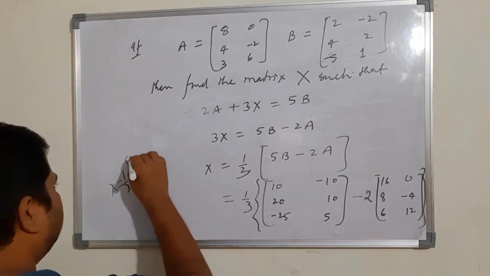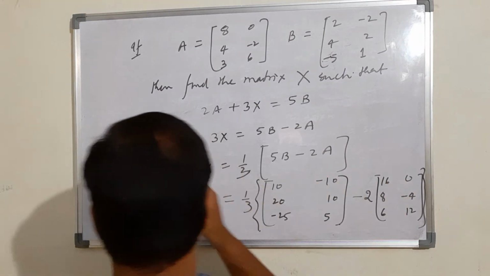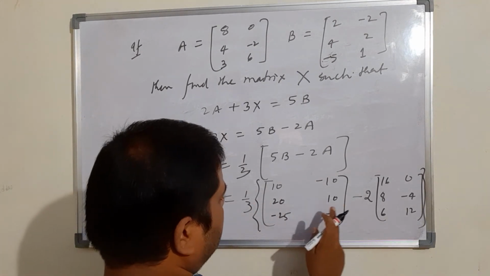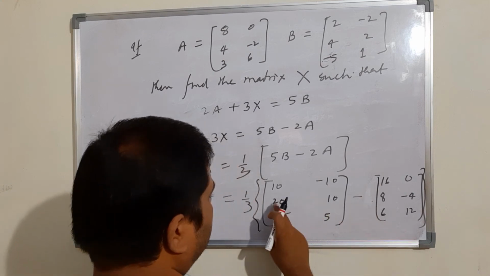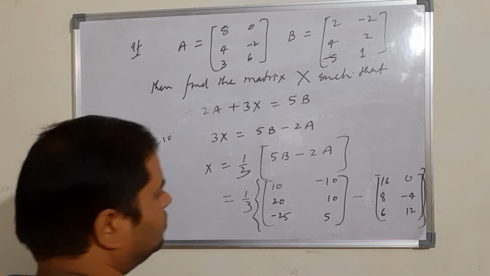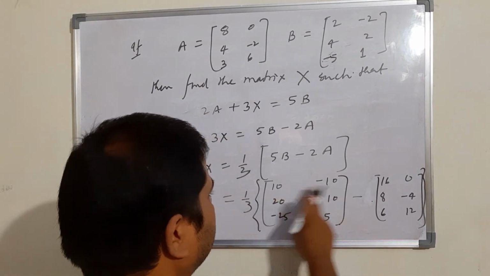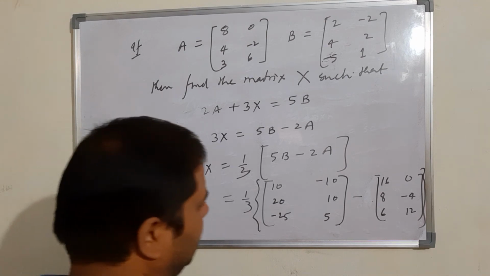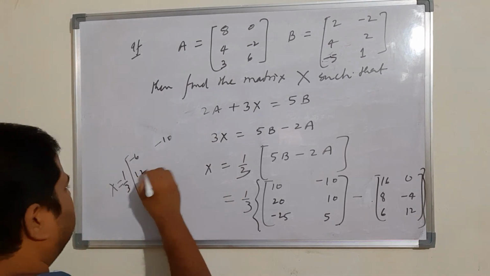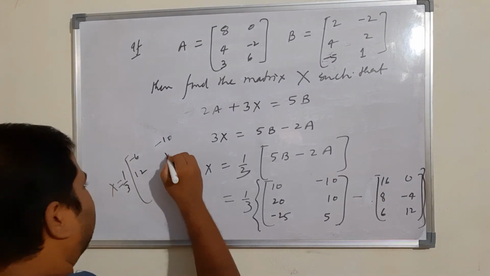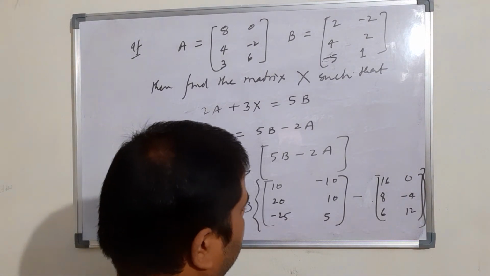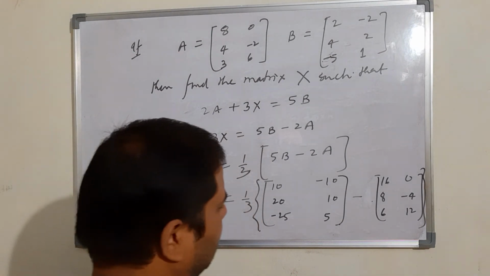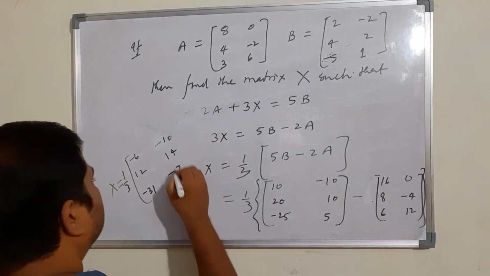Calculating this, we get X is equal to 1 by 3 of 26 minus 10, minus 10 and so on. With the minus sign, that means 10 minus 16 is minus 6, minus 10, 20 minus 8 is 12, 10 plus 4 is 14, and minus 25 minus 6 is minus 31, and 5 minus 12 is minus 7.